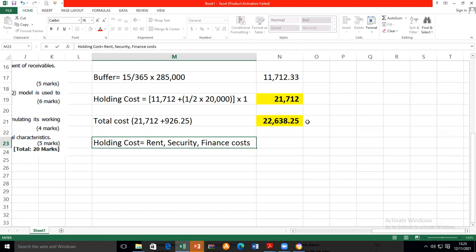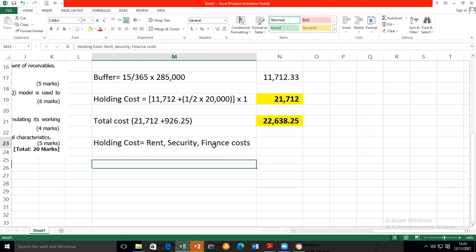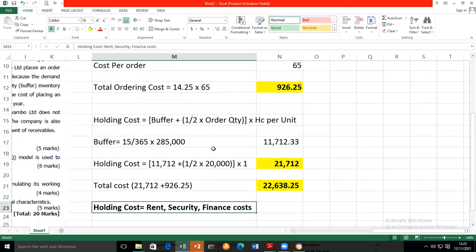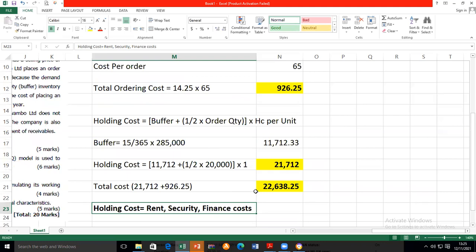We need to pick all those items and add them together, instead of just giving you a figure like what they gave us here. Some examiners now are giving a breakdown. So you need to know holding costs include things like rent, security, and finance costs.